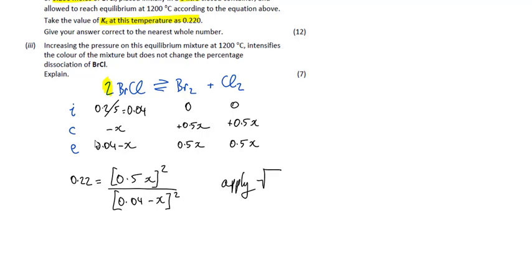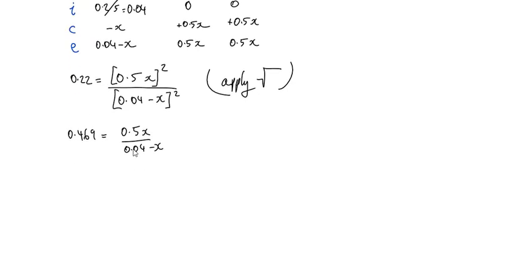So I've got a square above and below the line, so I'm going to apply a square root to get rid of the squares. So that's applied to both sides. So if I square root 0.22, I get 0.469, and the square root on the right just gets rid of the squares. So I've got 0.5x above 0.04 minus x.